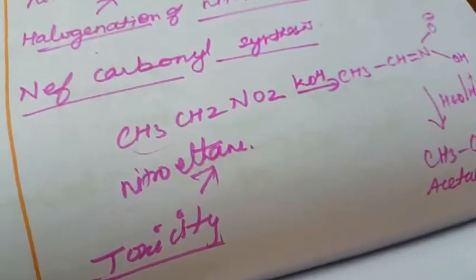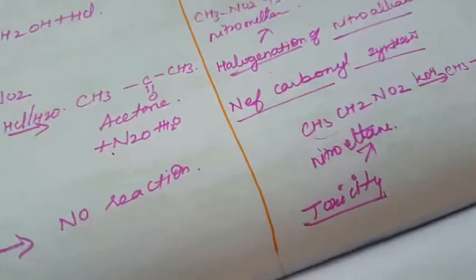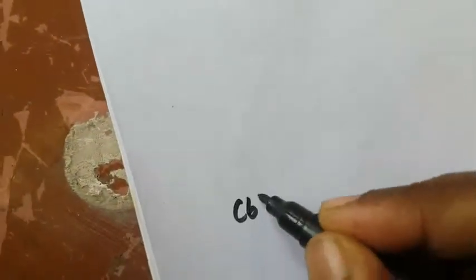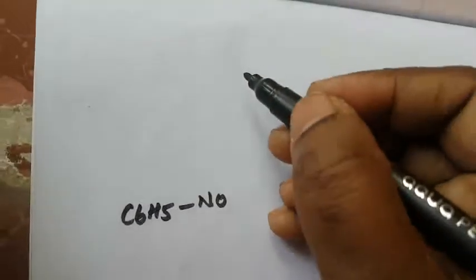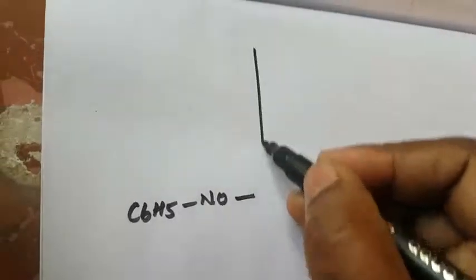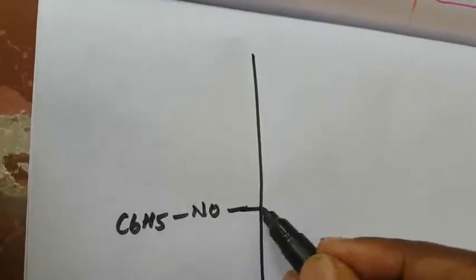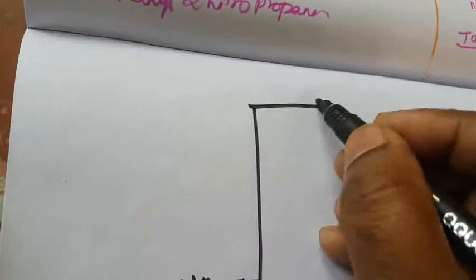Okay, next one is, what are the chemical properties of nitrobenzene? How to write the chemical properties of nitrobenzene? First one is, what is nitrobenzene? Nitrobenzene is C6H5NO2. Okay, so first one is stannous chloride and hydrochloric acid, right?